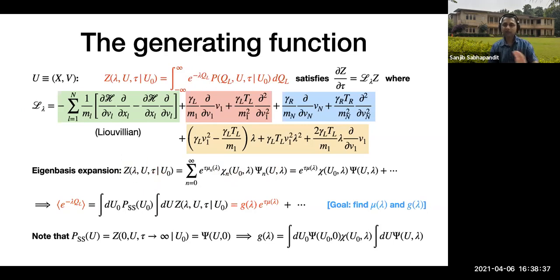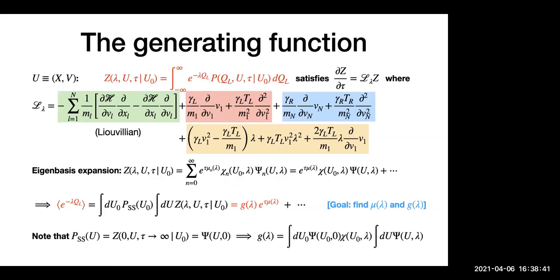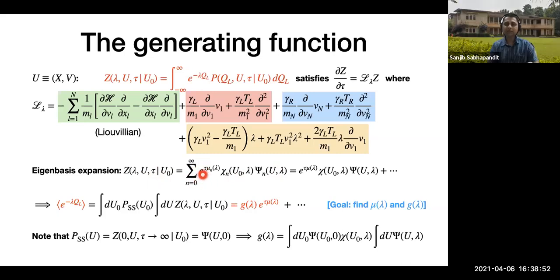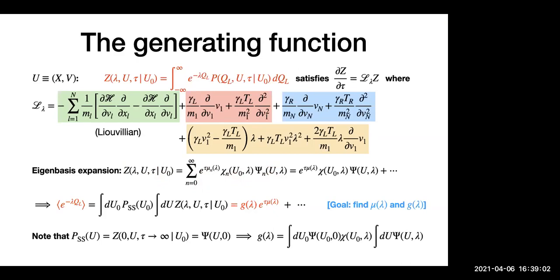And at large time, yes. Sanjib, your summation goes up to infinity. Does that mean that you are looking at an infinite system already? What I mean is that it covers whatever n there is.